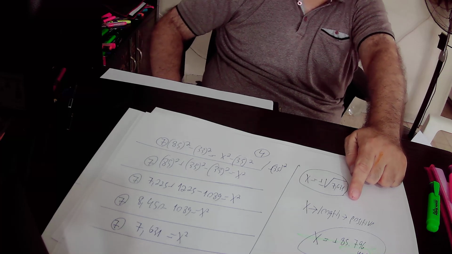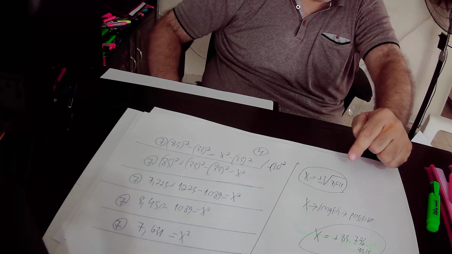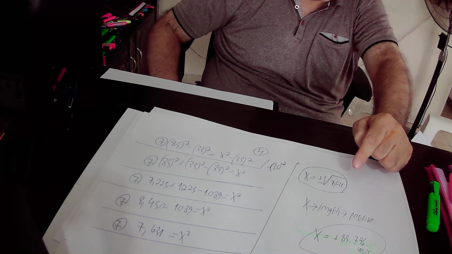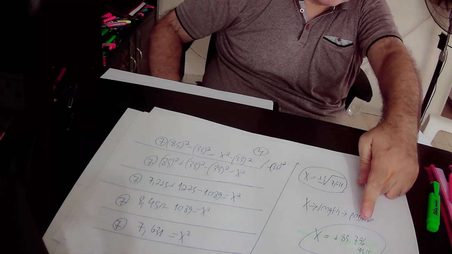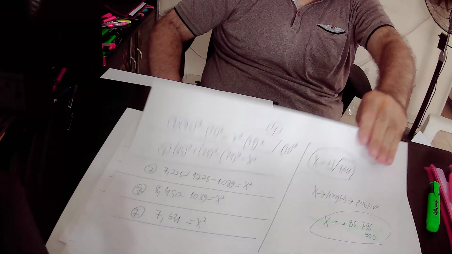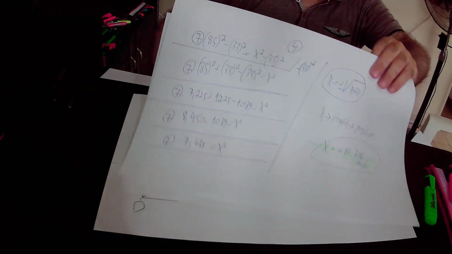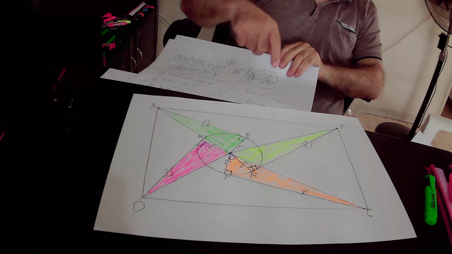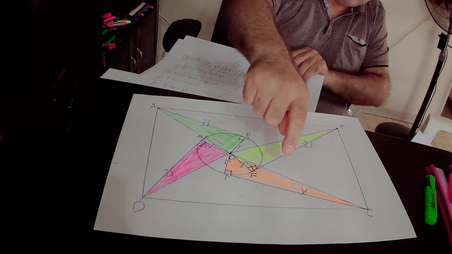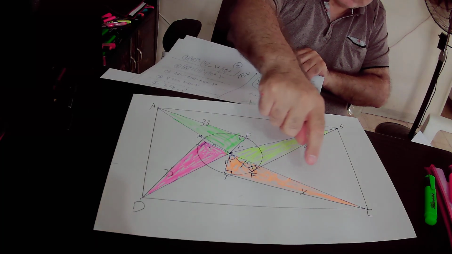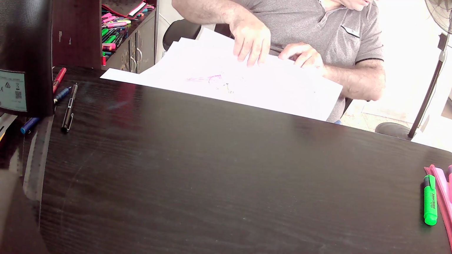That is to say, we found out that the value of x is equal to the positive square root of 7,631, that is actually equal to 85.796 units. So we found out that the length of this line segment x equals to 85.796 units. Okay, we finished with the first question.